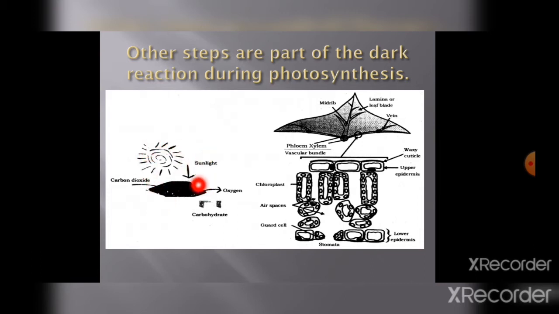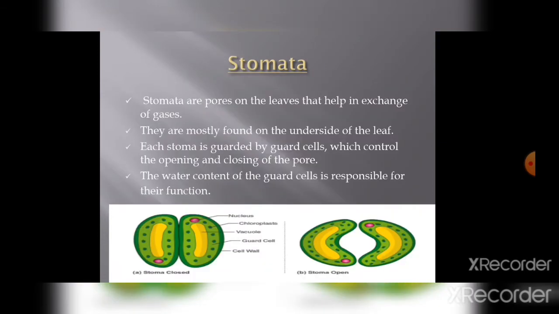And nutrition in plants. The materials or factors for autotrophic nutrition are carbon dioxide, water, light, and temperature. So when we come to nutrition in plants, the green plants prepare their own food in the presence of sunlight, with the help of raw materials, and store it in the form of starch.